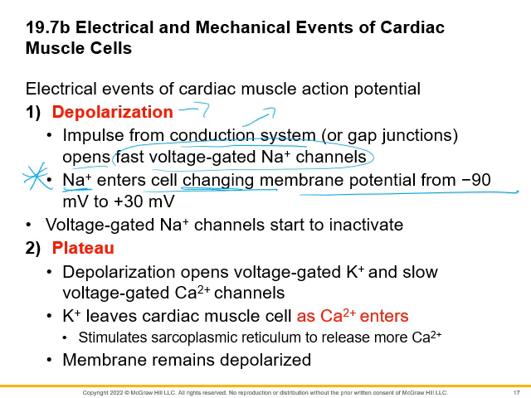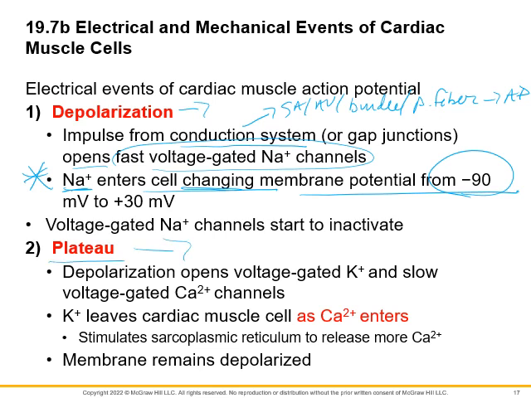So the conduction system, the SA node, AV node, bundle, Purkinje fibers, some action potential triggered from those is now opening sodium channels in the cardiac muscle that's going to contract, and that's changing the resting membrane potential from negative 90 to positive 30.